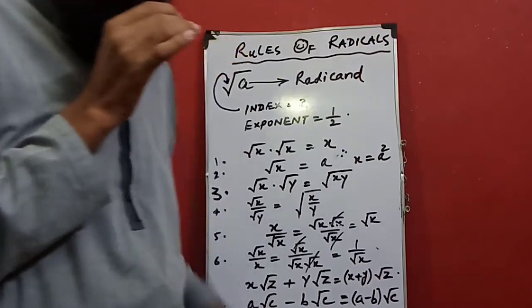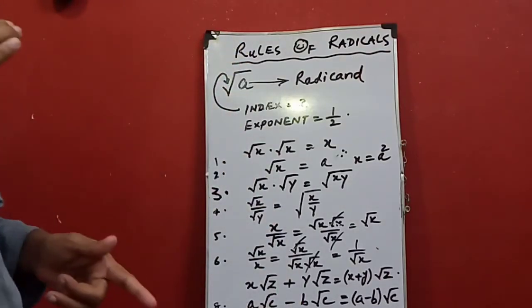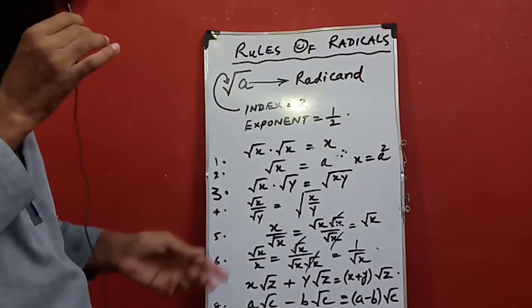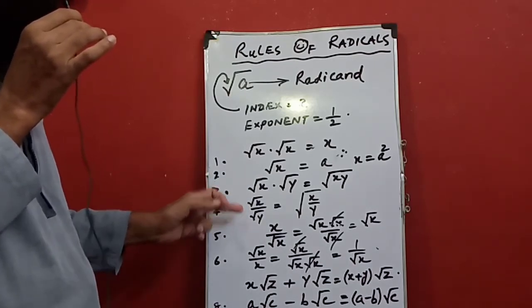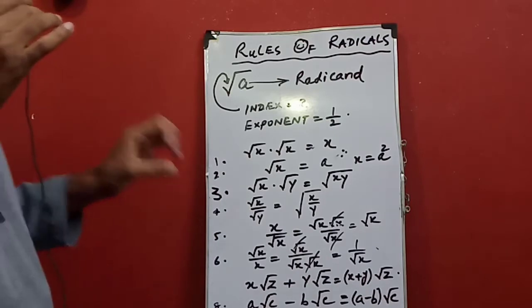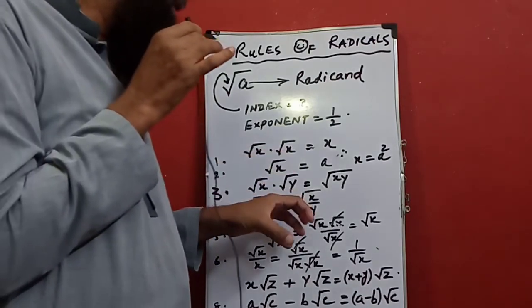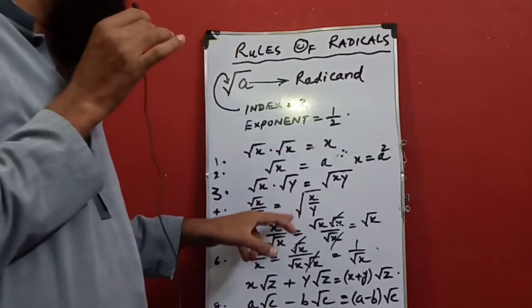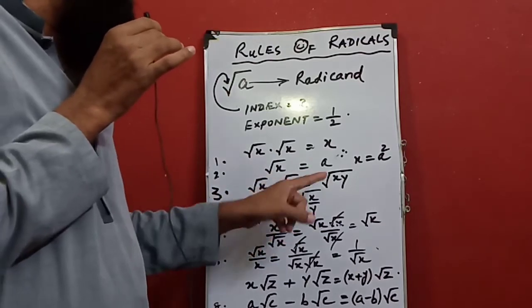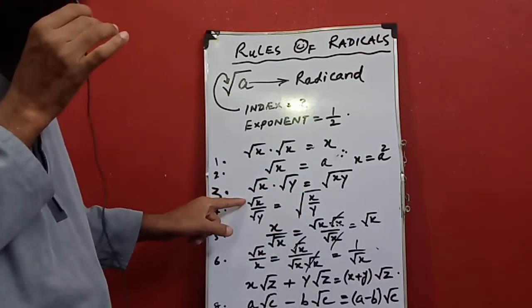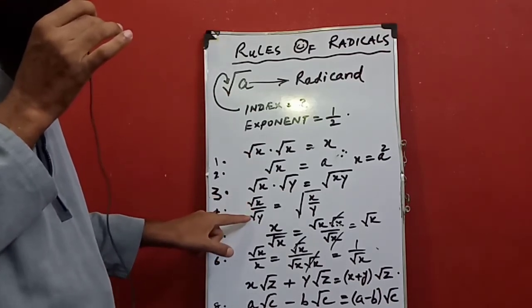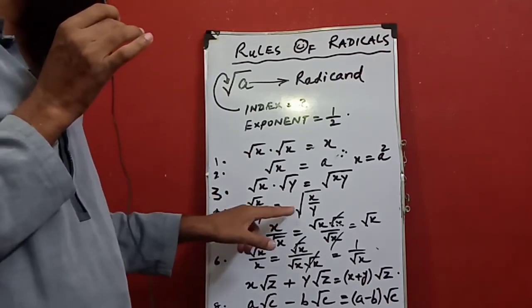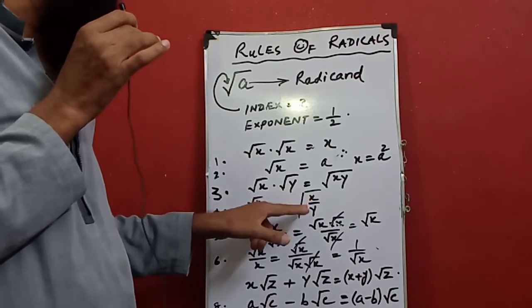Similarly, if two different numbers or terms under the radical sign are divided, we can write it as the division under a single radical sign: root x upon root y, radical x upon radical y, equals radical x upon y.